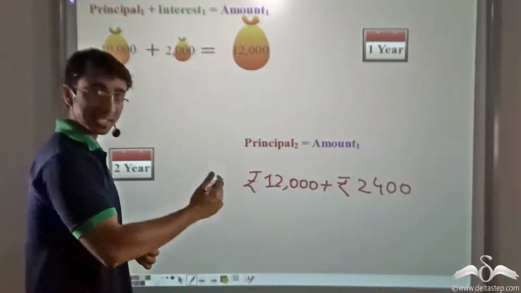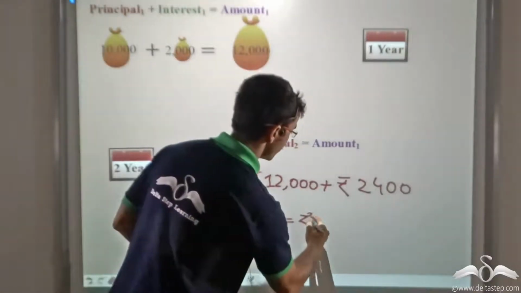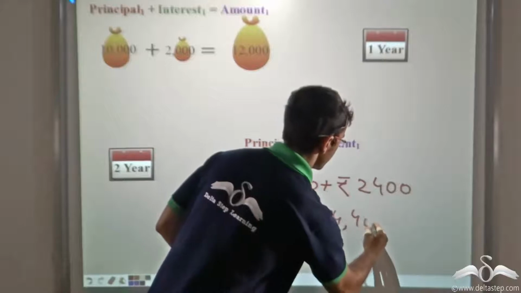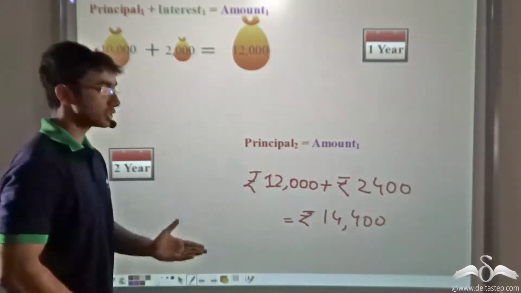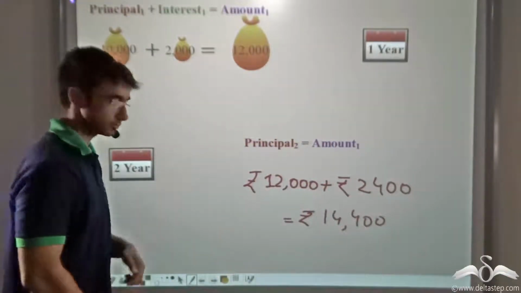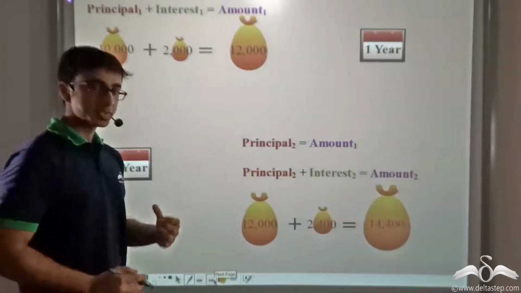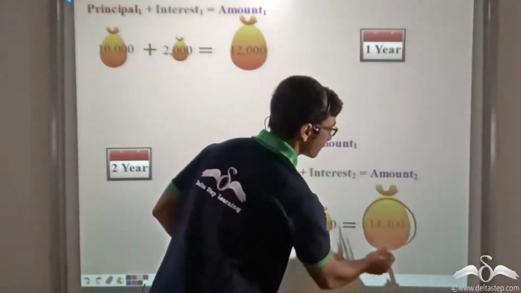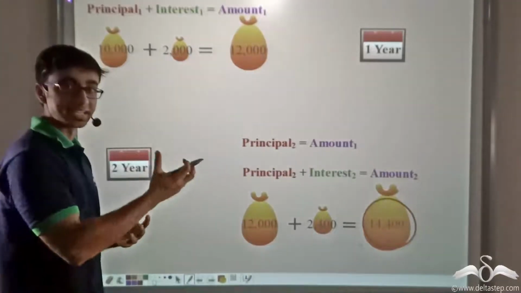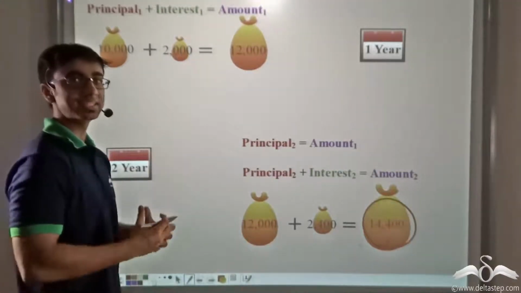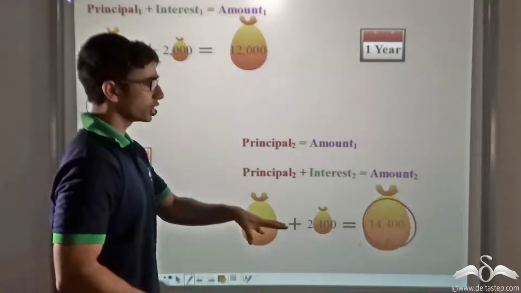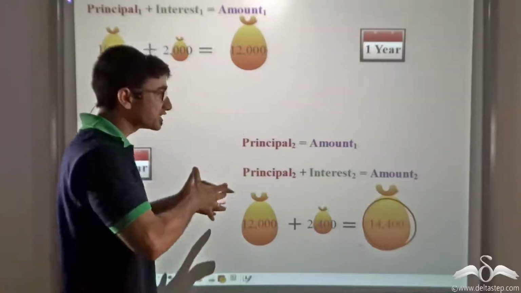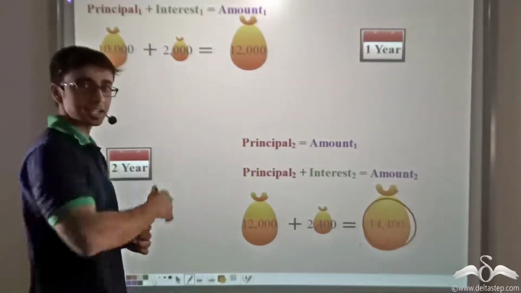So at the end of the second year, Daniel would have to pay a total of rupees 14,400 back to Narayan. Thus we see that 14,400 is the total amount of money that Daniel is returning to Narayan at the end of second year.